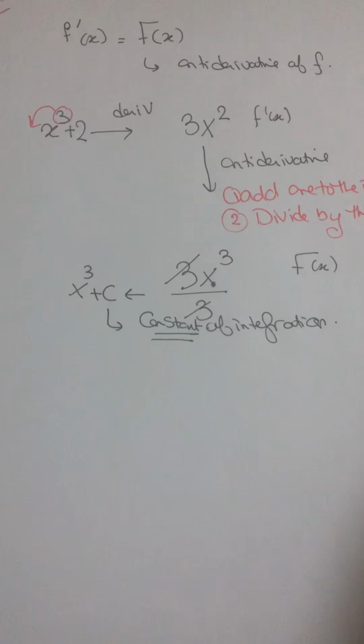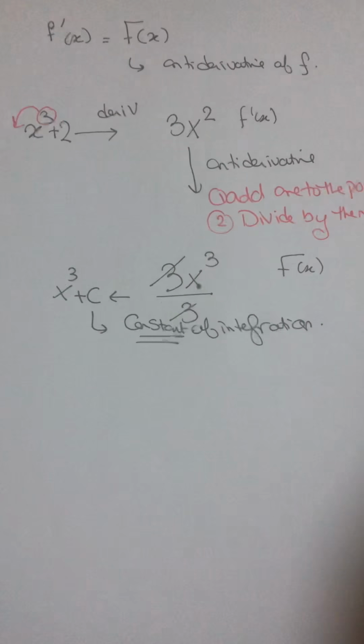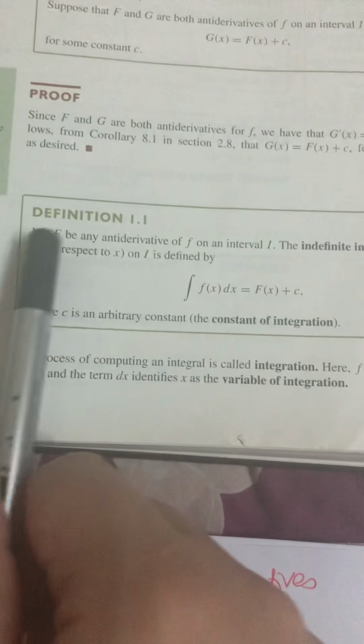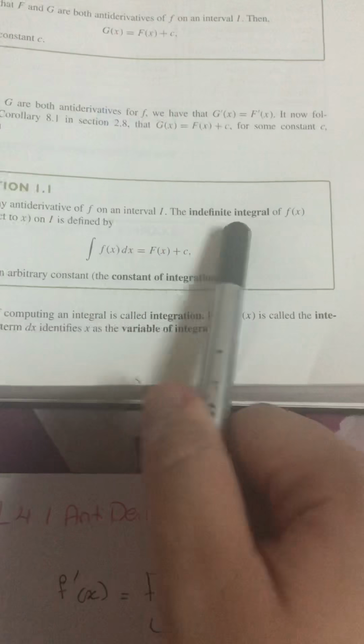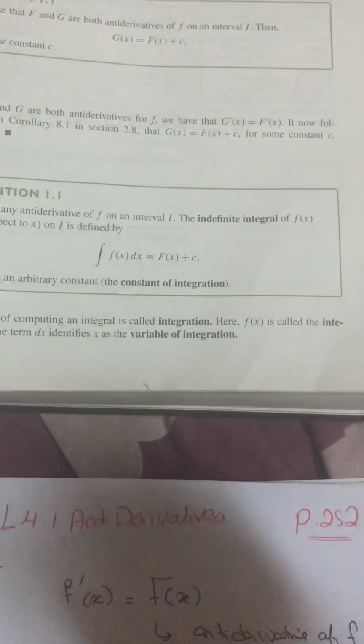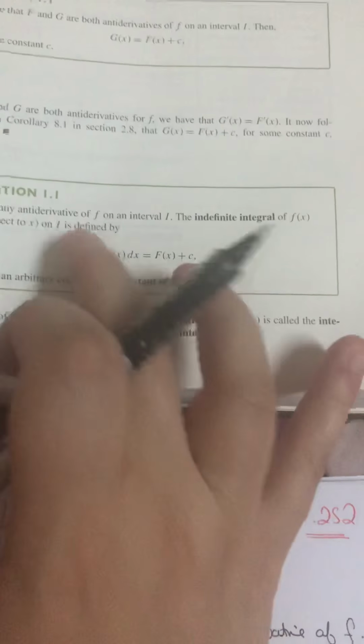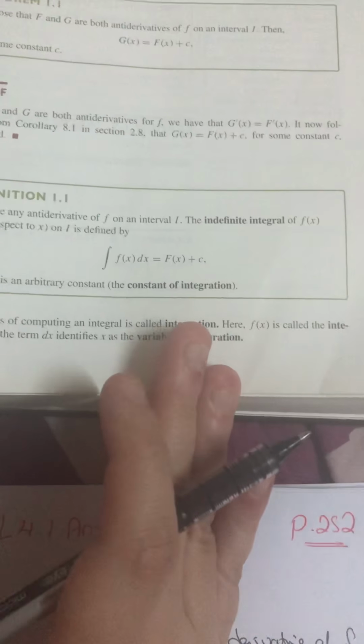Okay, so in your book there is a definition called definition 1.1. Definition 1.1 says, let F be an antiderivative of f on the interval I. The indefinite, because later we will take definite. Indefinite doesn't have numbers here, doesn't have a border from where to where.